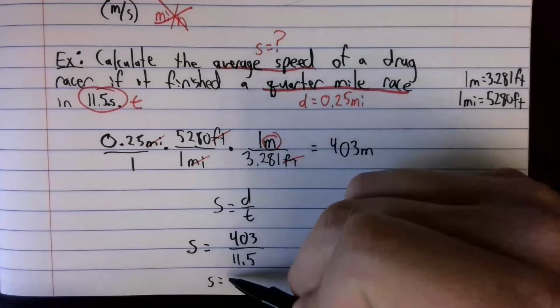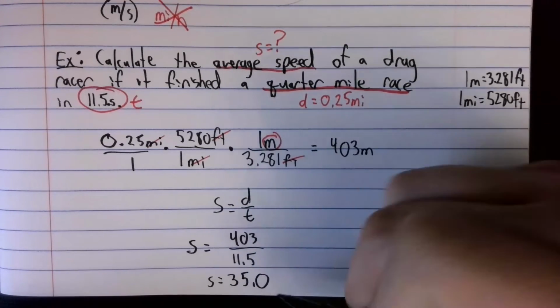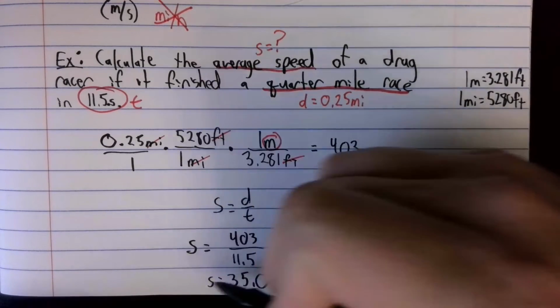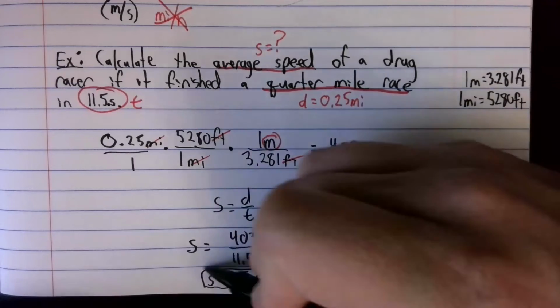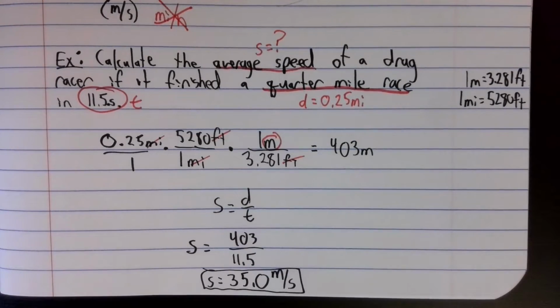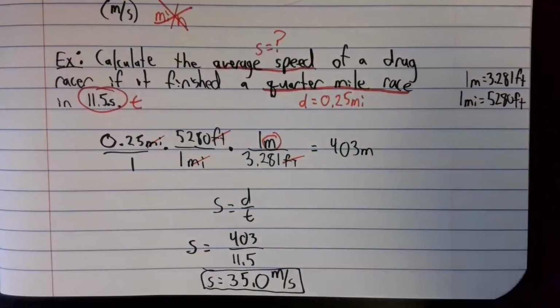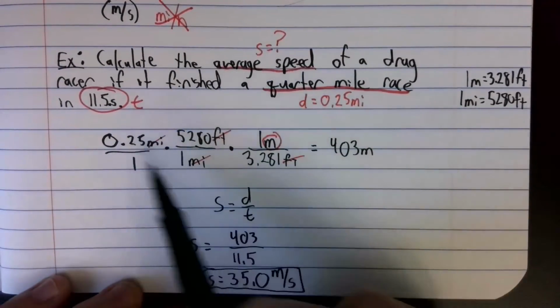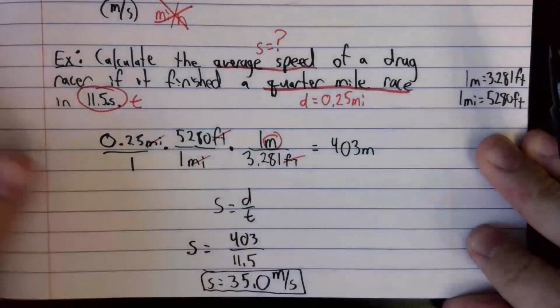Yep, 35.0 meters per second. So that same question is on the quiz, but with different numbers, and on the quiz, you won't have to do this unit conversion. On to the next two.